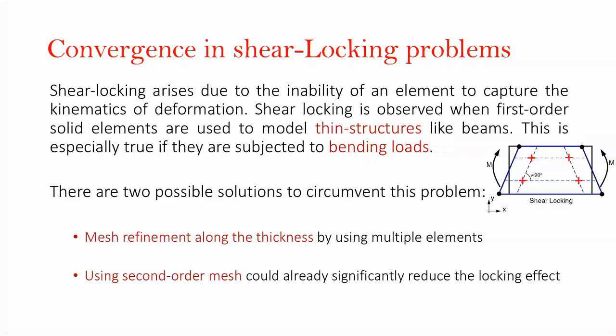The shear strain means the change between the angle of the two line segments in x direction and y direction, right? If we don't have shear strain, then the angle should remain unchanged. But here it changed. So this is an error when we're using the FEA for linear elements for pure bending.